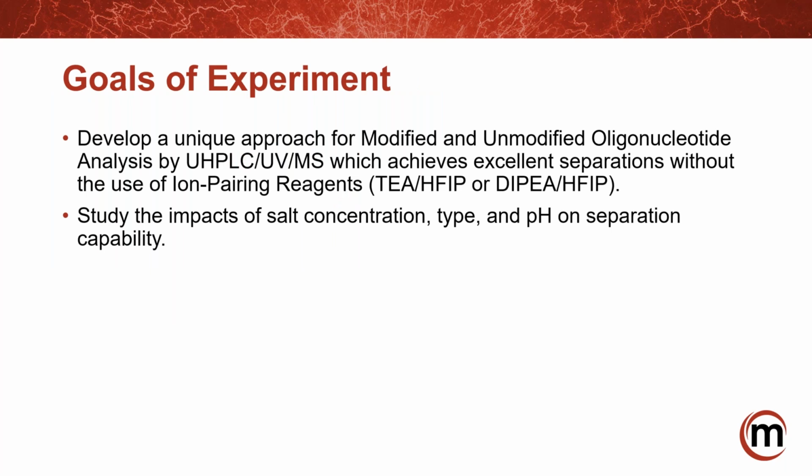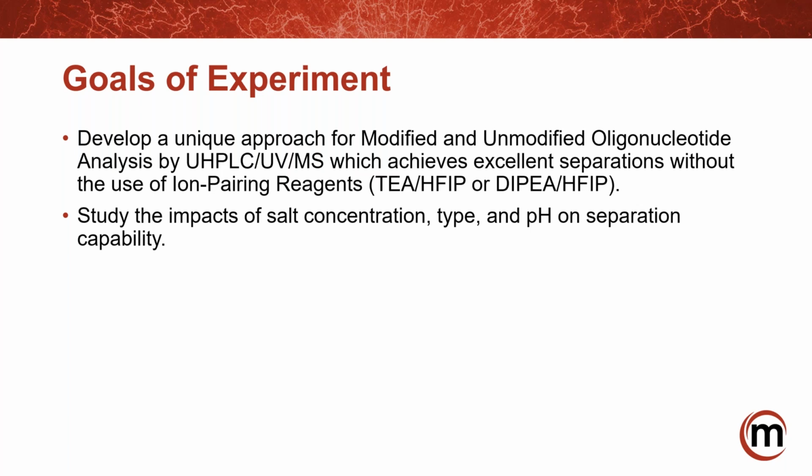The goals of the experiment were to develop a unique approach for the modified and unmodified oligos. The analysis was to do UHPLC UV-MS, which achieves excellent separation without the use of ion pairing reagents. The de facto standard for this work is a hydrophobic column that can handle really high pH and high temperature, using these ion pair additives.